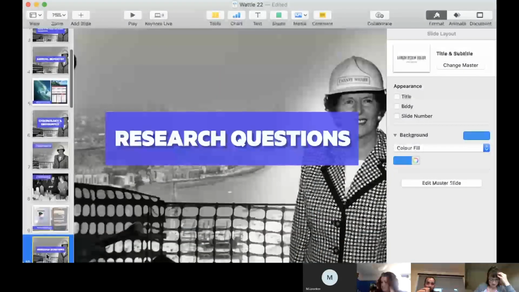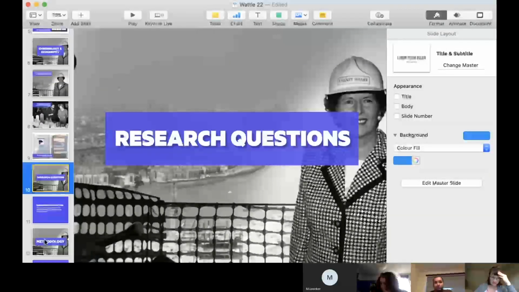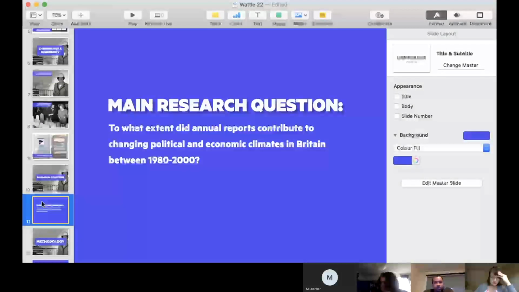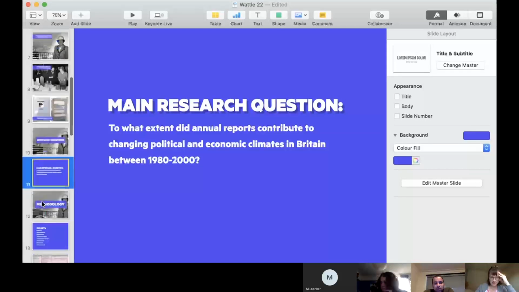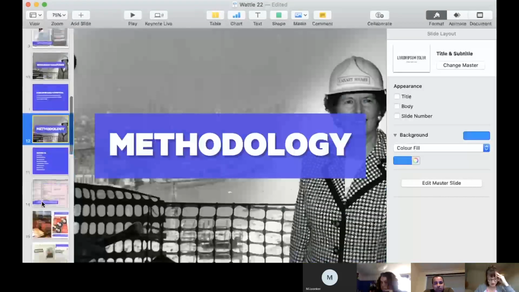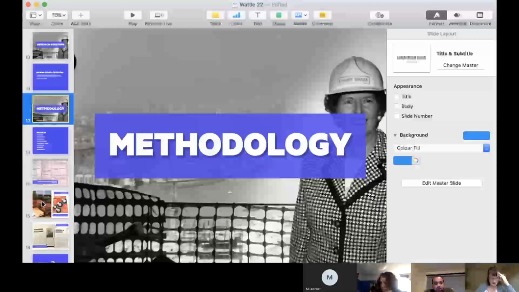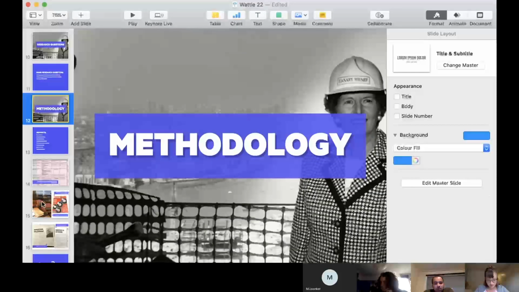It is within these political and economic contexts that I'm asking, to what extent did annual reports contribute to the changing political and economic climate in Britain between 1980 and 2000? To do so, I'm examining the visual and editorial conventions of various annual reports before 1980 and how they changed from 1980 to 2000.